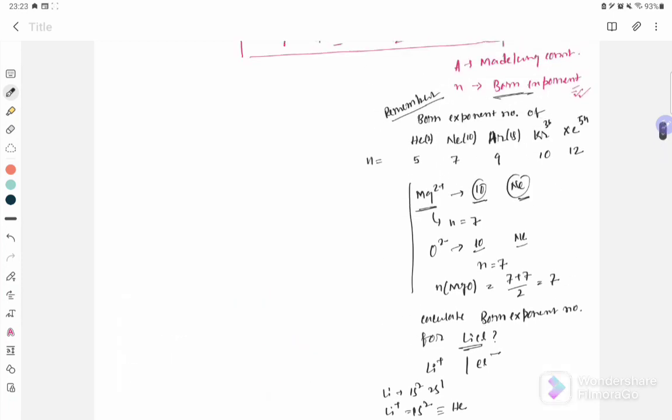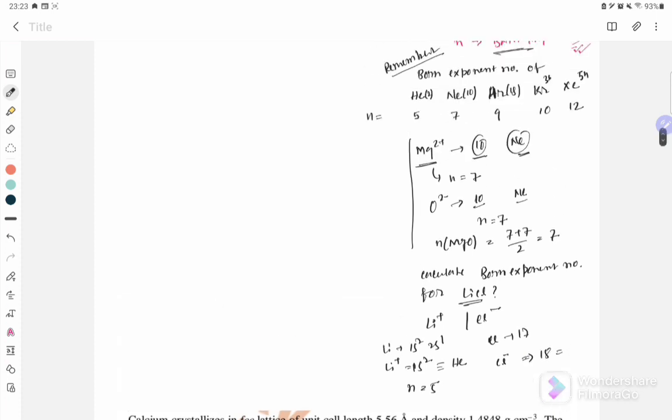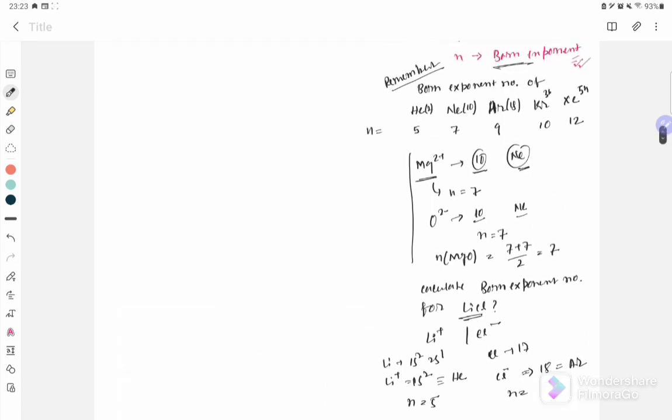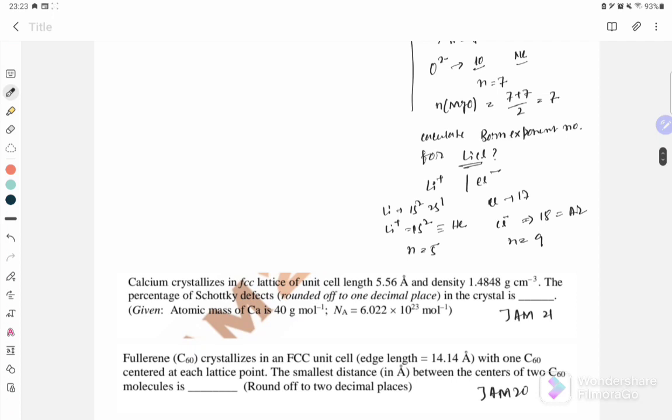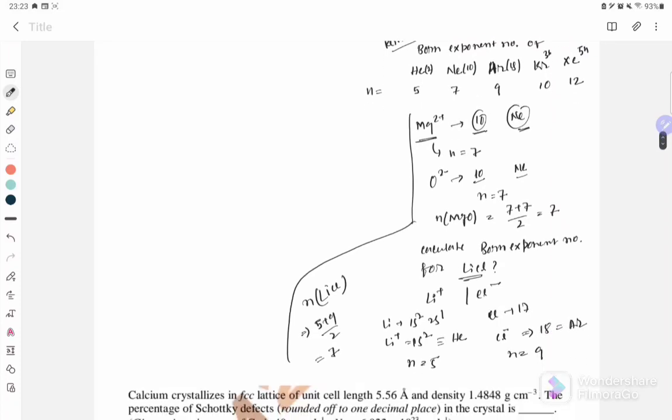Cl has 17 electrons, so Cl- has 18 and resembles argon, so n will be 9. So for LiCl, overall n will be (5 plus 9) by 2, that is 7.